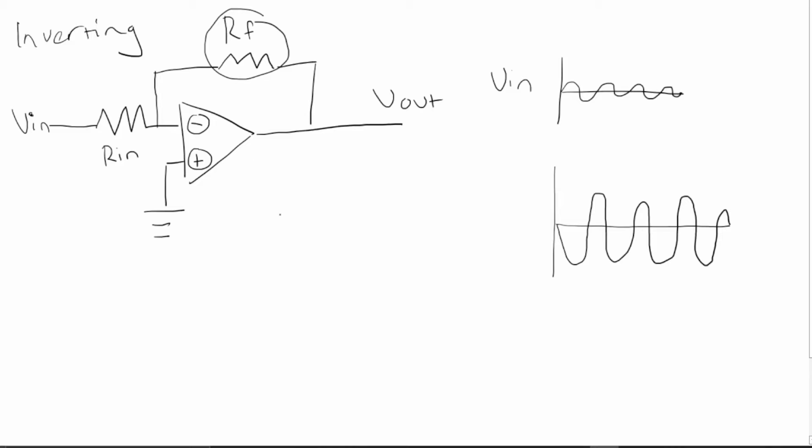We can use the formula to find out V out is minus RF over R in, times V in. And this is how much gain we will get on our signal from the amplification.